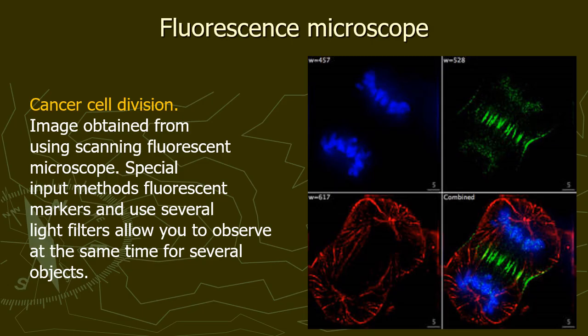We see that some molecules are characterized by a blue glow, others are red, and the third are green. That is, there is a fixation of these lights, and then one image is superimposed on another, and we get such a picture. In this case, it is possible to monitor several objects at once. We use light filters to get one glow first, then another.